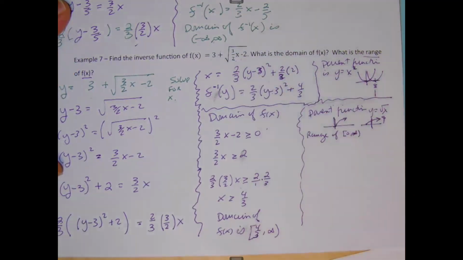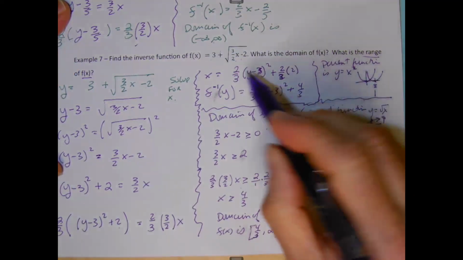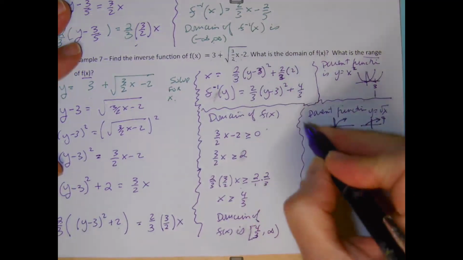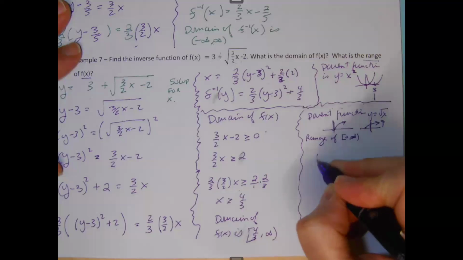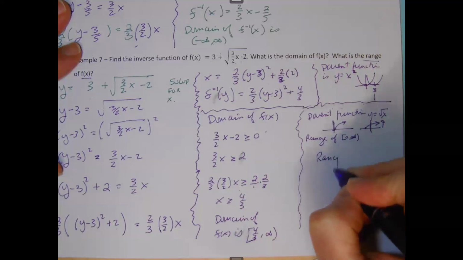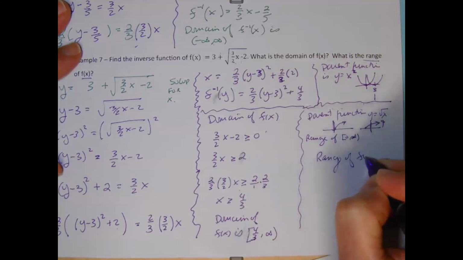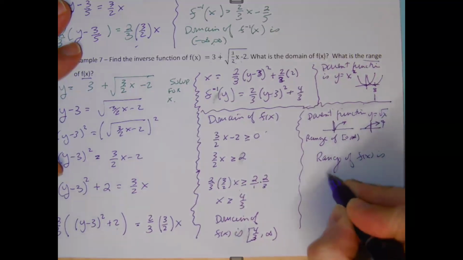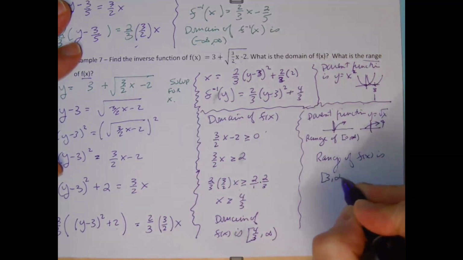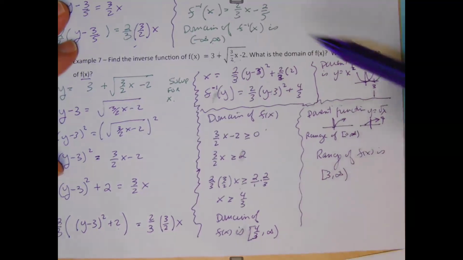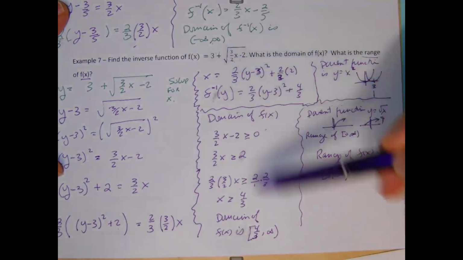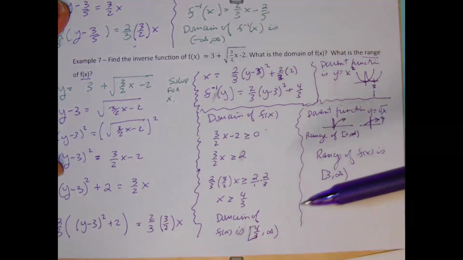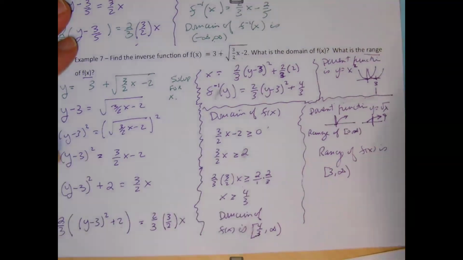So what's the range then of this original function? I'm going to add 3 to this. So the range of f of x is 3 to infinity, because all I've done is taken the parent function and shifted it up 3 units. Okay, that's fantastic.